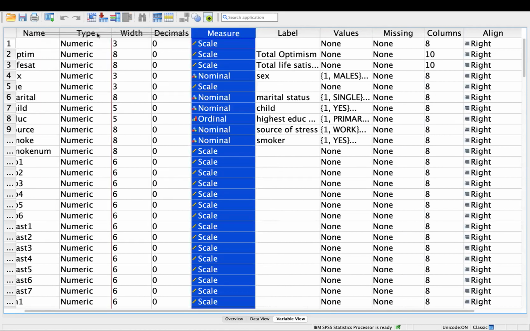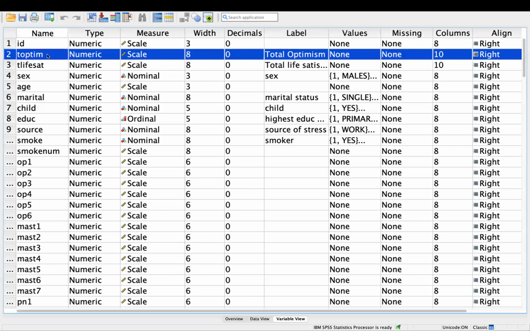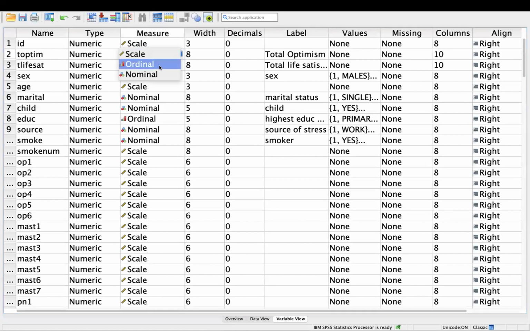Remember when I started out the presentation on the scales of measurement? This is where you have to have that correct in SPSS. Optimism is, remember, we said scale. So you have to make sure that when you click in this box that you select scale.